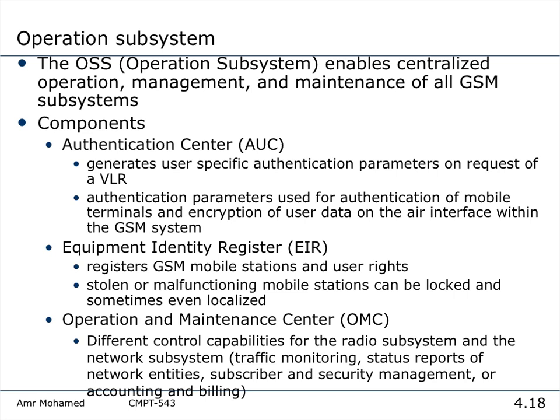Okay? So the authentication center is used for authentication, and we have the equipment identity register. That's another database, one extra database. It mainly maintains what we call a whitelist and blacklist.